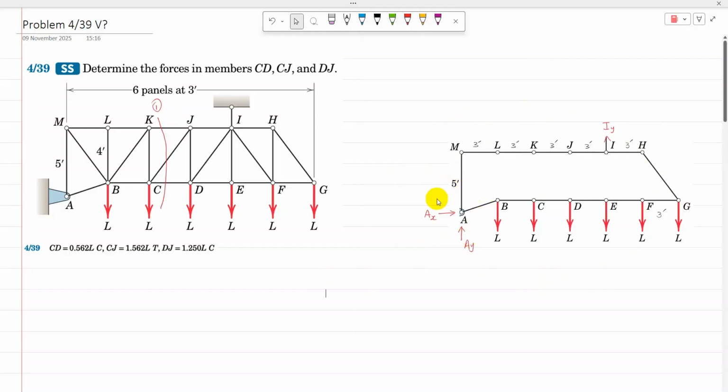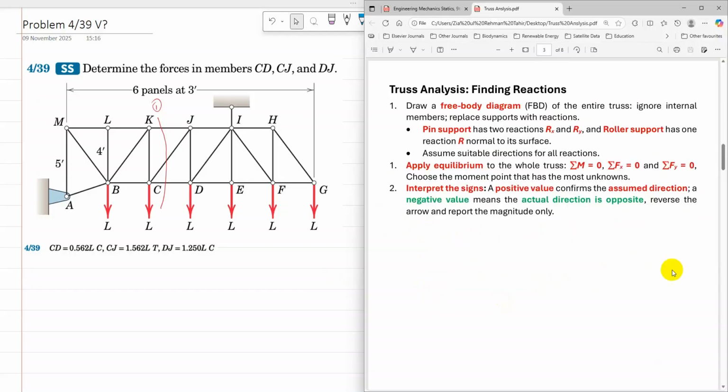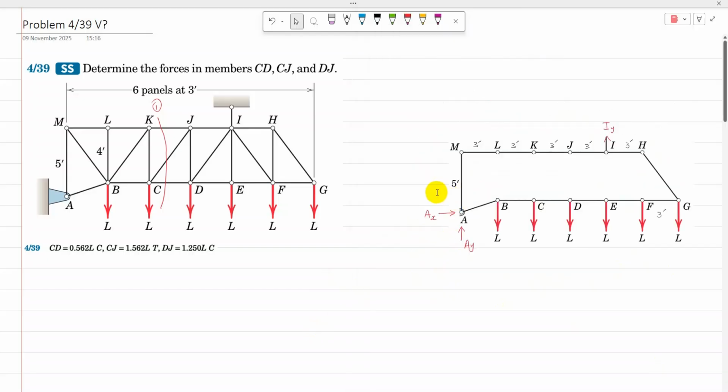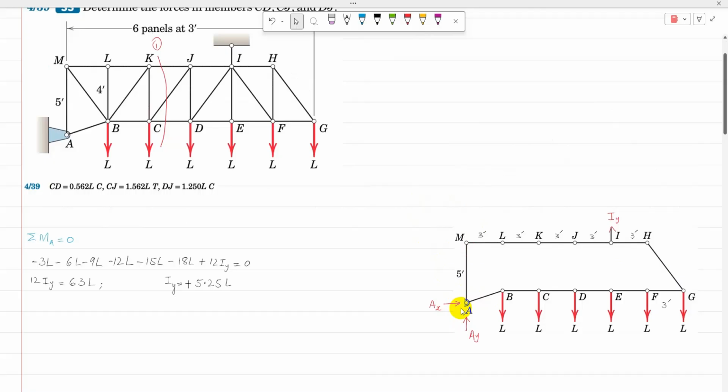The best approach is to go for sigma M equal to 0 and choose a moment point that has the most unknowns. So it is going to eliminate Ax and Ay. Now about point A, the moment due to all those loads is in the clockwise direction.